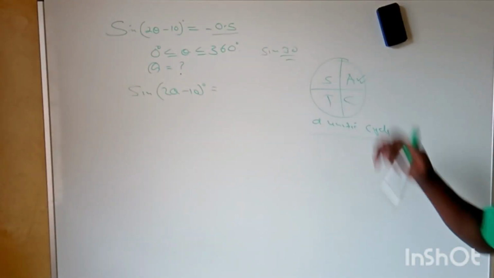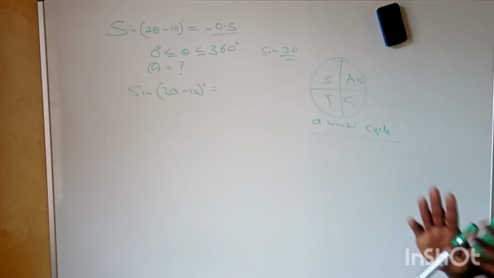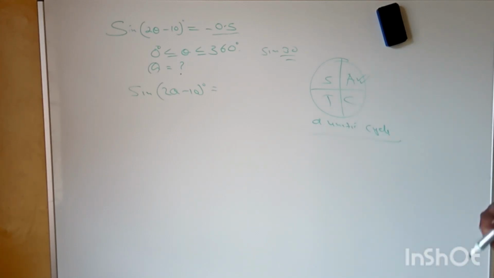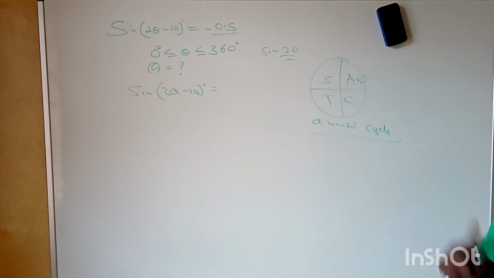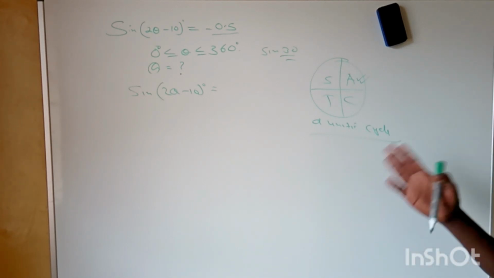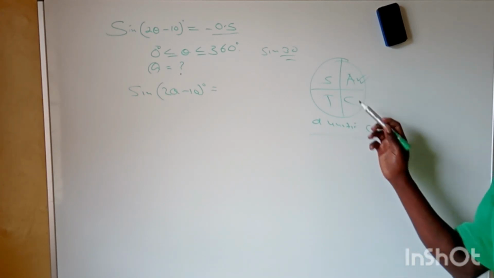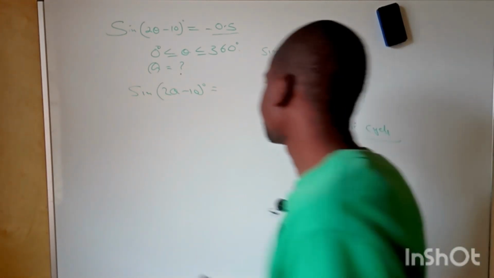In the second quadrant, S means only sine is positive; the rest are negative. In the third quadrant, only tangent is positive; the rest, cosine and sine, are negative. And the last one, the fourth quadrant, means only cosine is positive; the rest are negative.